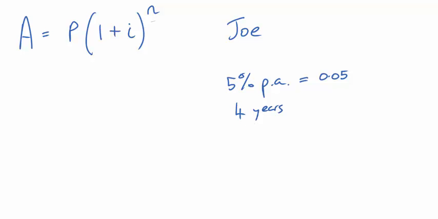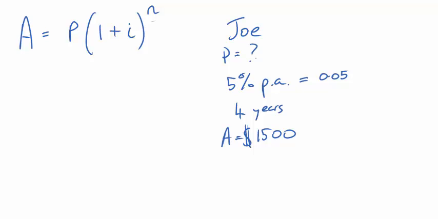Now though, let's imagine that at the end of the 4 years, we want to have $1,500. We want that in the bank at the end. So the question really then is, how much money should we put into the bank? So what's the starting value that we should put in?